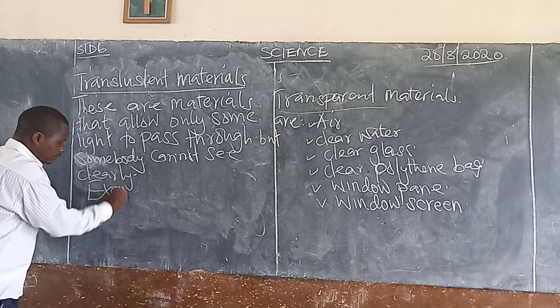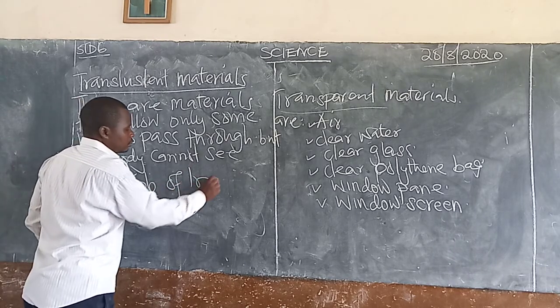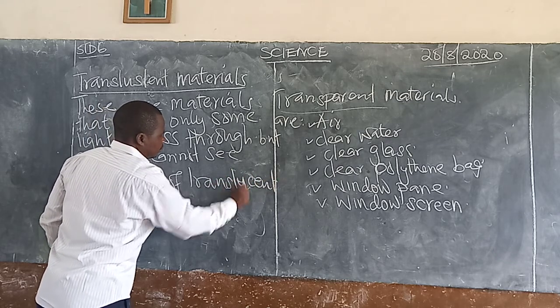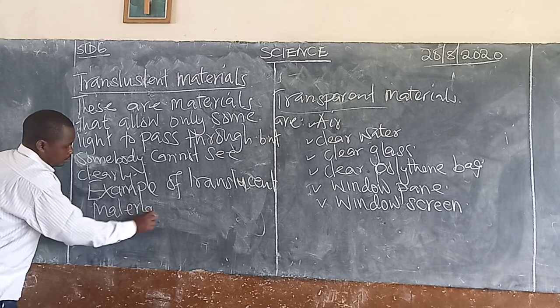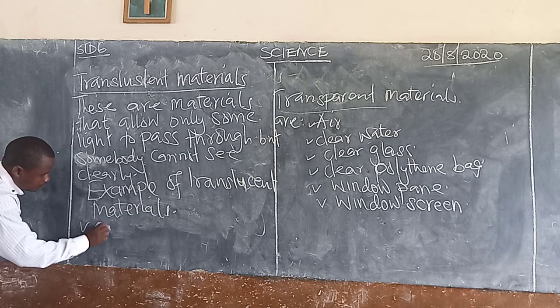Now, let us have the examples of translucent materials here. Examples of translucent materials. We have the oil paper.